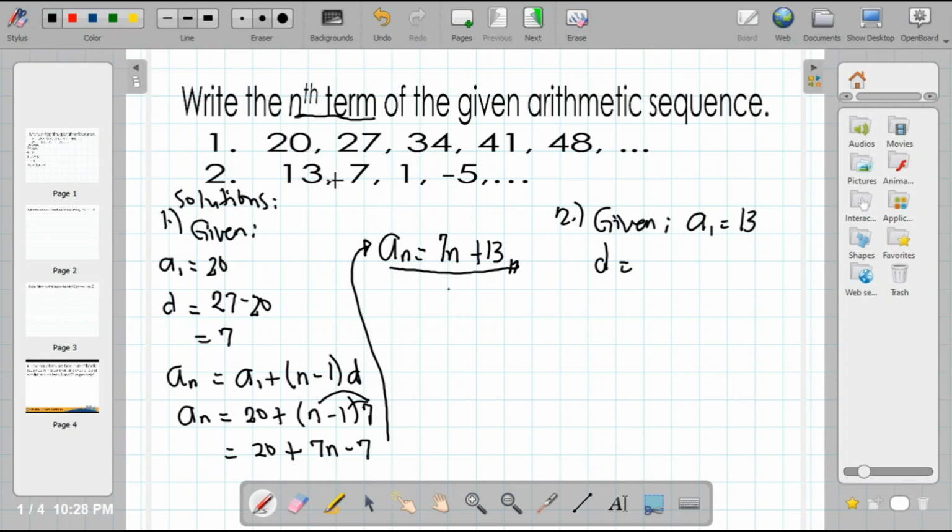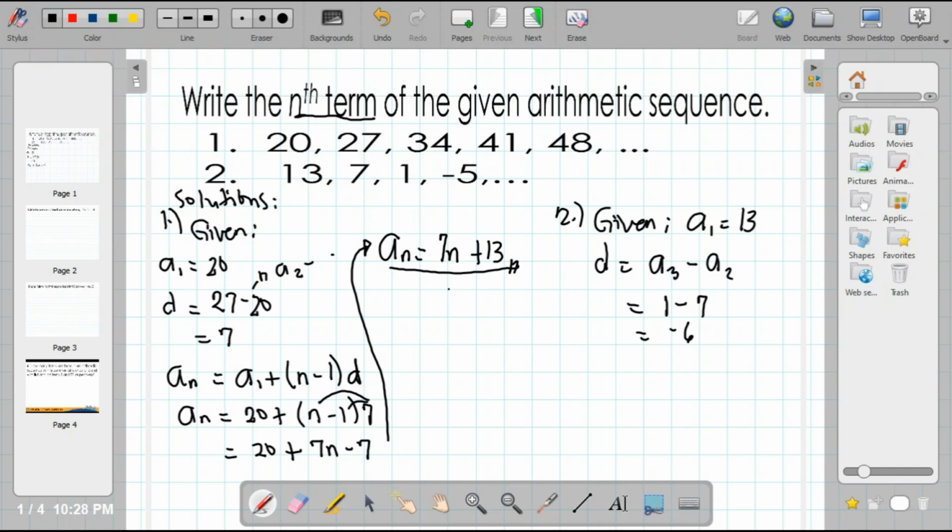So let's say we pick third and second. So we say a sub 3 minus a sub 2, and that is equal to, our a sub 3 is 1 and our a sub 2 is 7, and that's equal to negative 6. Again, don't get confused, maybe you'll wonder why a sub 3 minus a sub 2 is subtracted here, when earlier it was a sub 2 minus a sub 1.